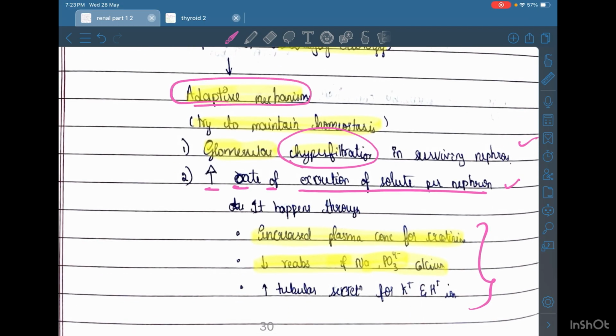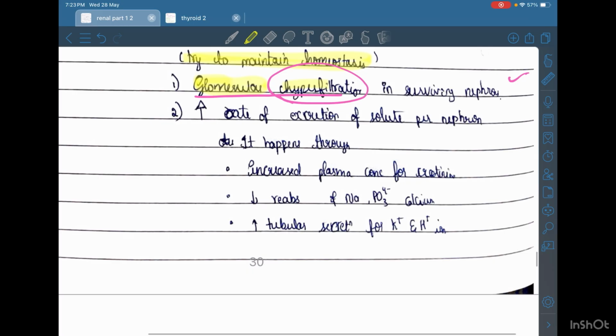So the kidneys are so good, they try to maintain homeostasis by giving extra work to the surviving nephrons, causing glomerular hyperfiltration in the surviving nephrons, and they also increase the rate of excretion of solute per nephron. How do they increase solute excretion?